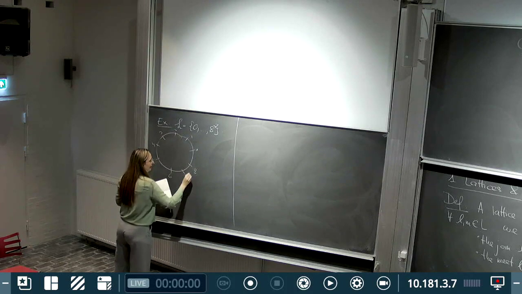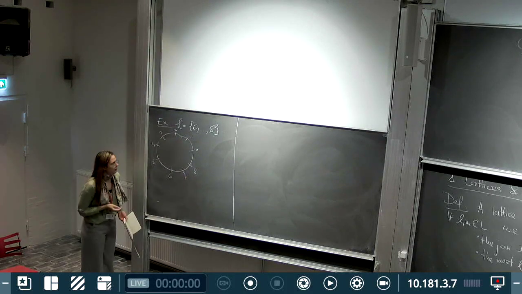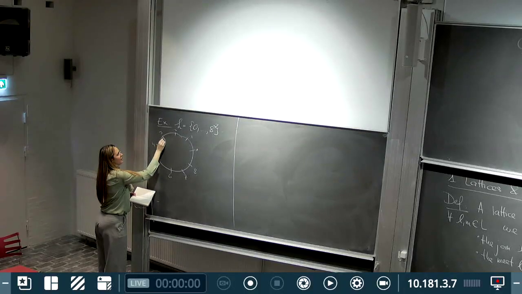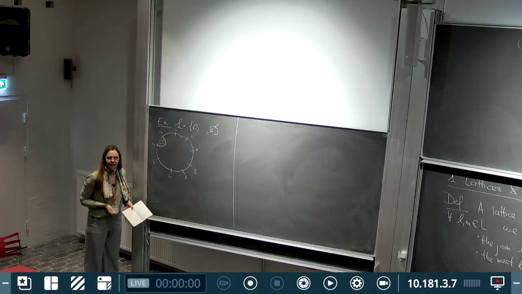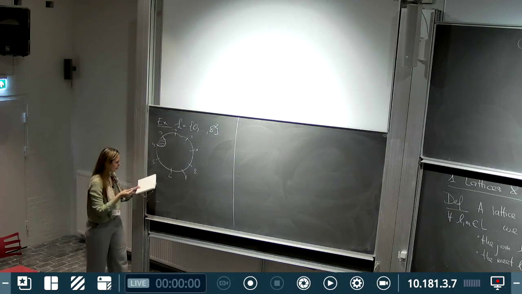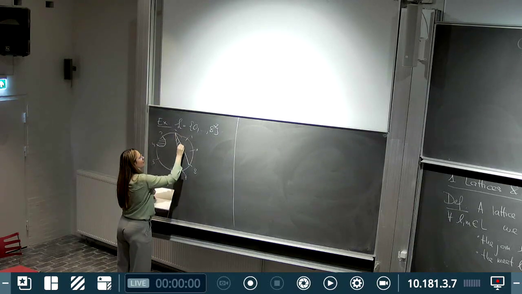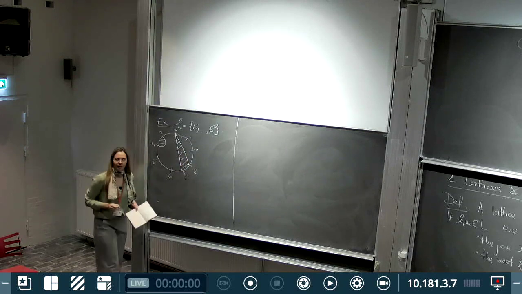And then I could consider a partition. Maybe I put 3 and 4 in the same block, and I just do that by connecting them like so. And I could put 2, 7, and 8 in the same block, and I could do that by connecting them like so.